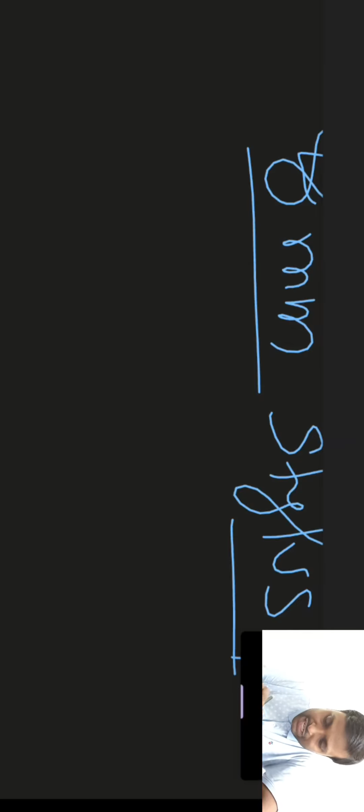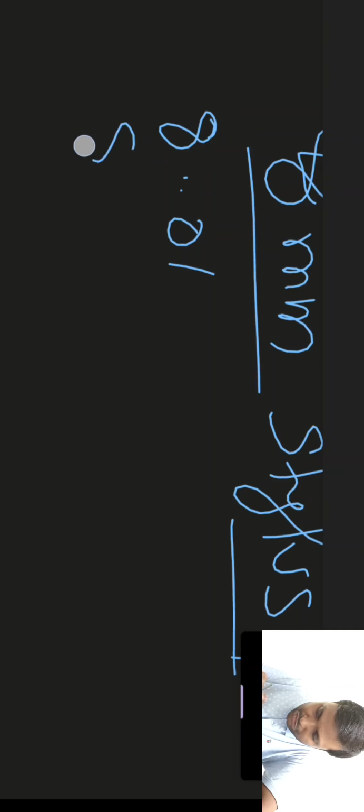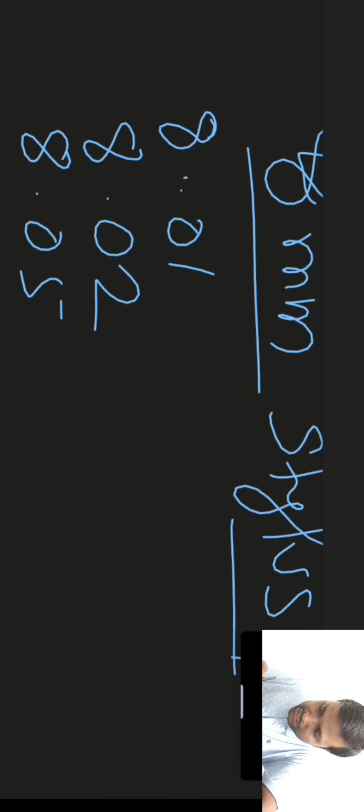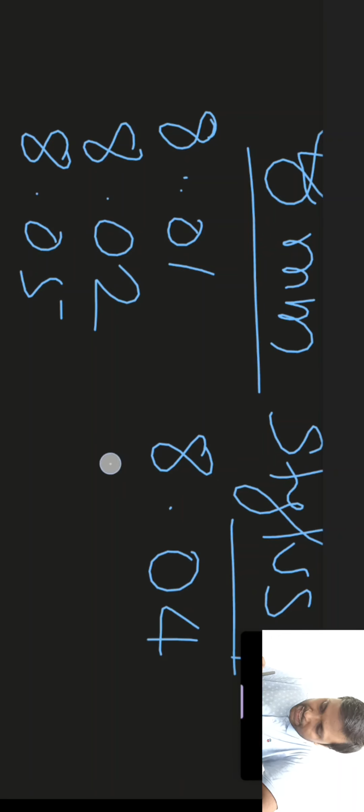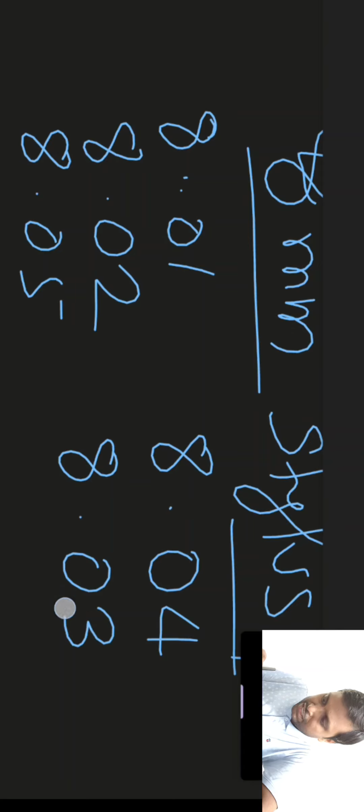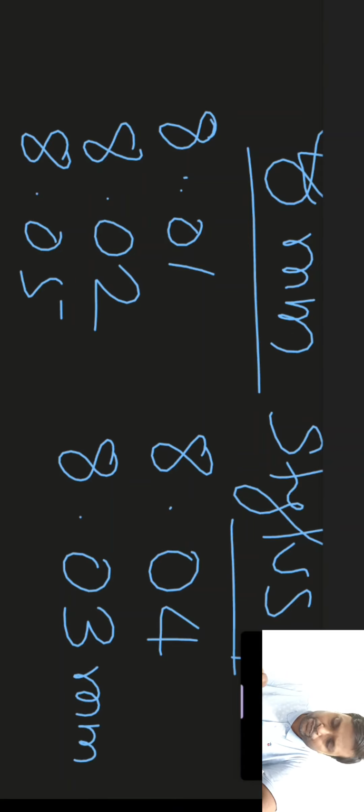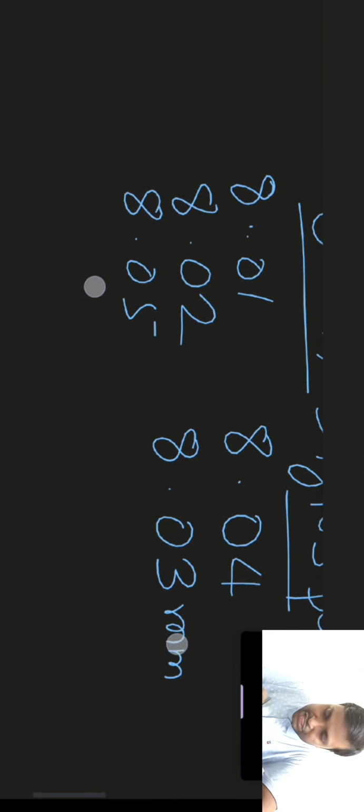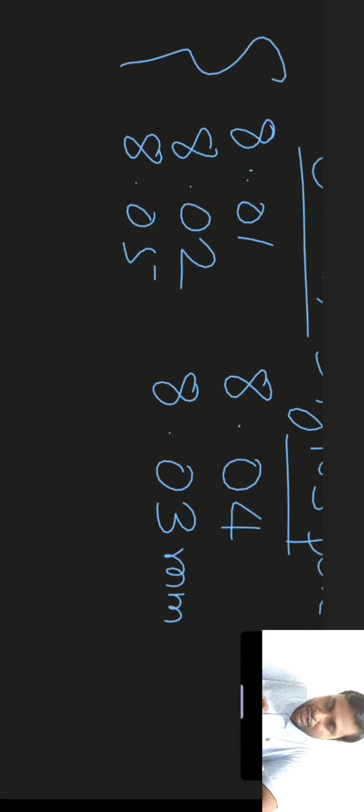Suppose this is an 8 mm pen, so when we go on manufacturing, maybe one is 8.01 mm, another is 8.02 mm, the third one is 8.05 mm, the fourth one is 8.04 mm, and the fifth one is 8.03 mm. So we see that each dimension is different, and the maximum dimension is 8.05 mm.